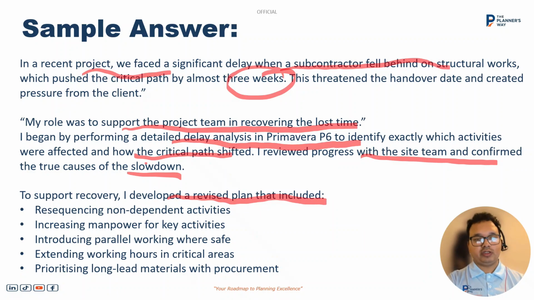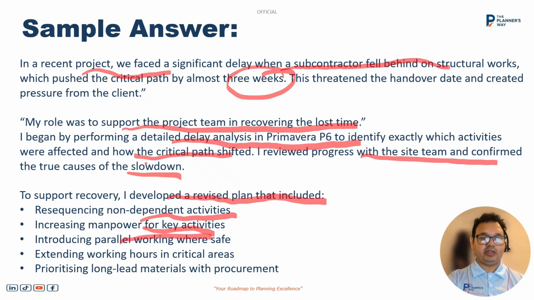First, I resequenced the non-dependent activities, those activities which are not in the critical path. First, I reviewed the critical path. Then I introduced manpower for the key activities which are in the critical path. I increased the manpower for the critical path. Then I also performed parallel working. So I started some activities together wherever it could be done.